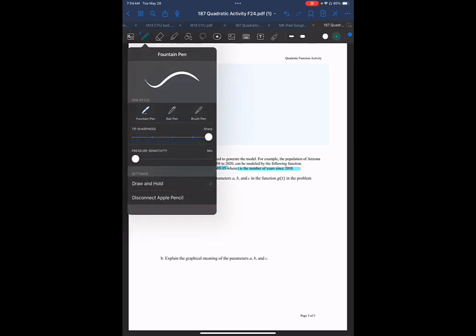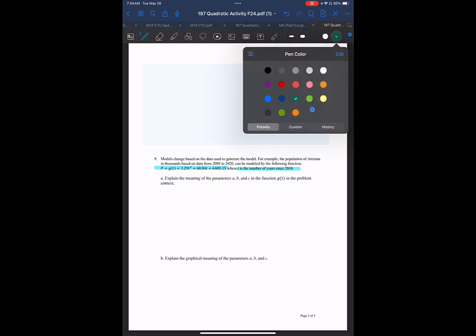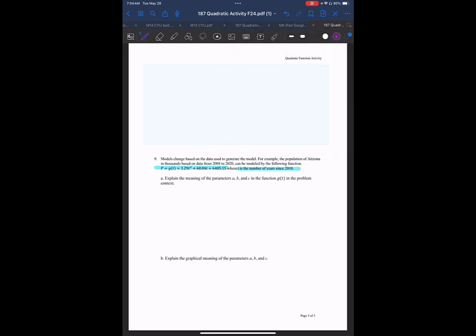So let's go ahead and start with the C value. And C is always the easiest one to start with.